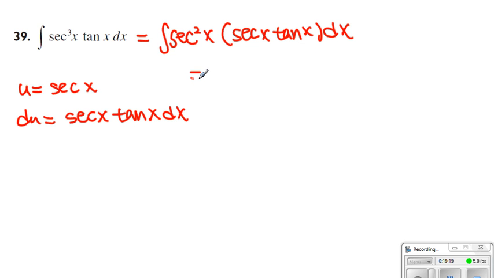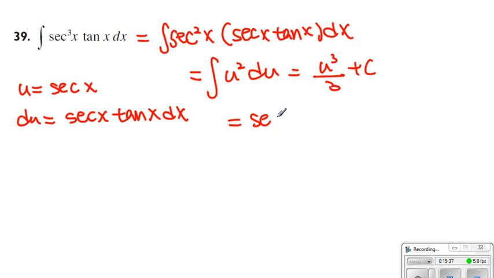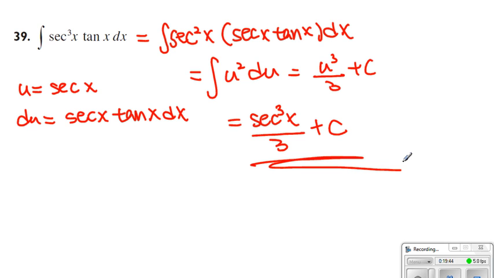Now then, this will be already easier for us to plug things in, because in place of secant, we could have u squared, and the other secant and tangent becomes du. So it becomes u to the 3rd over 3 plus c, which ends up being secant cube x over 3 plus c. That becomes our final answer.